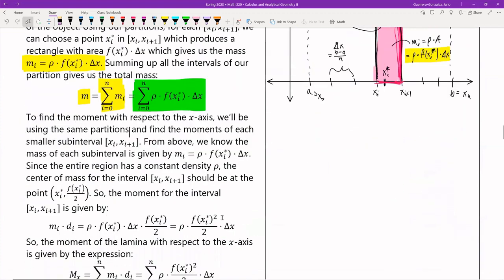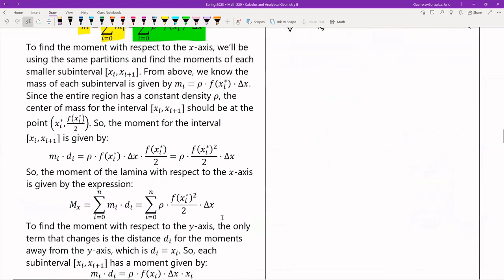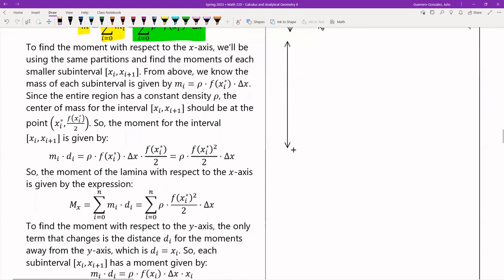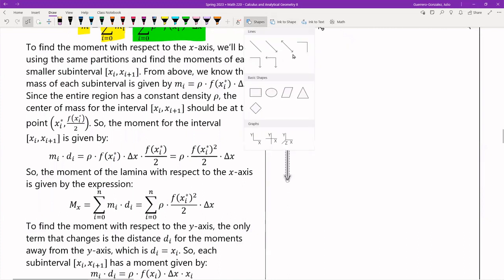Okay. Let's move on and find the moments with respect to the x-axis. So again, I'm going to put down an x and a y axis here. Let's do this right. I'm going to put down an x-axis, making sure I'm giving myself enough room for the y-axis, which is going to come up in a little bit.